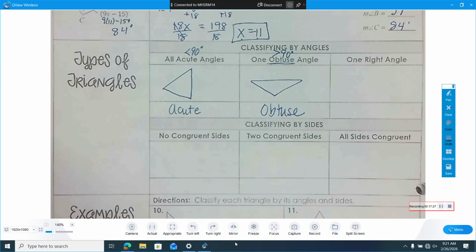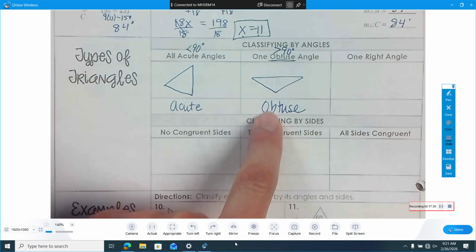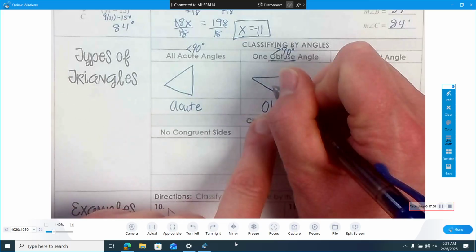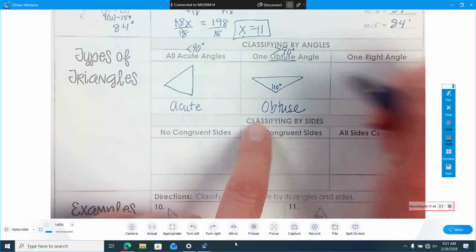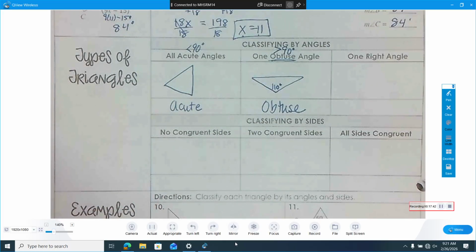Good. And 190 is too much, right? It's bigger than the 180 degrees. So we can only ever have one obtuse angle. So maybe this is like 110 degrees. And so only one can be bigger than 90 degrees.